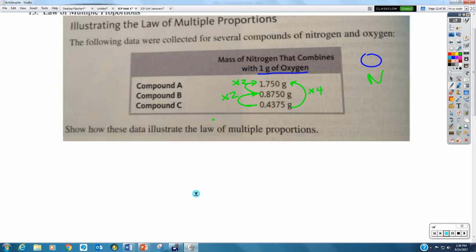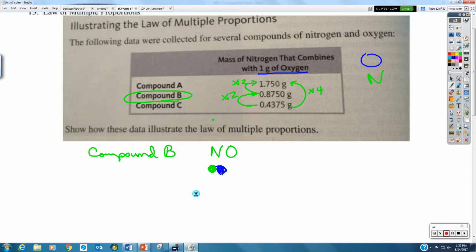So if we pick compound B, and we're going to say that compound B is NO. That's what compound B looks like.